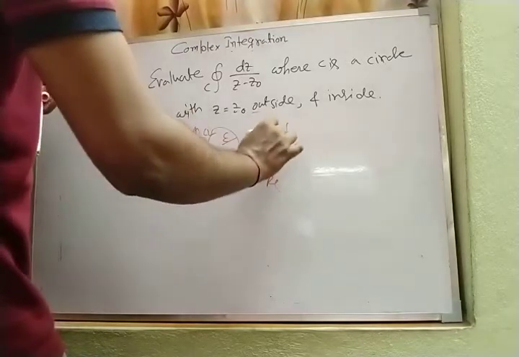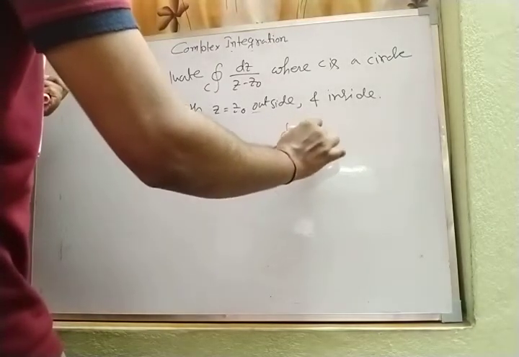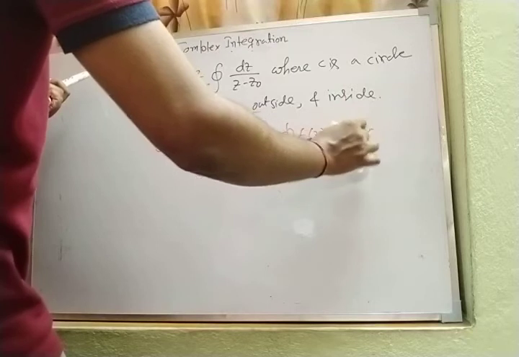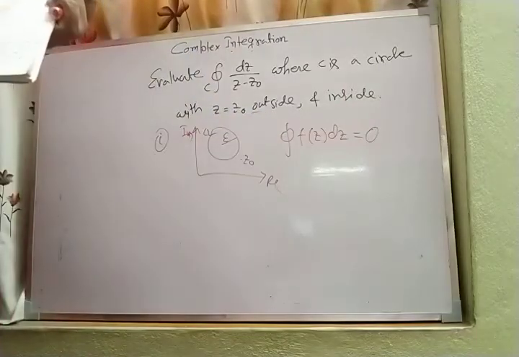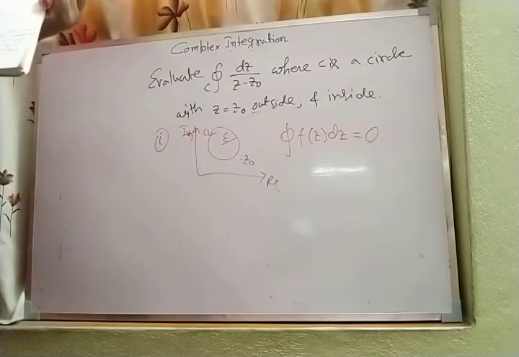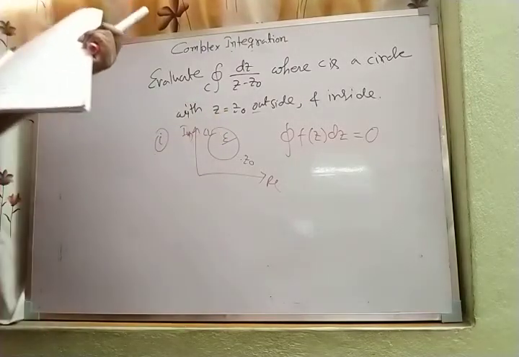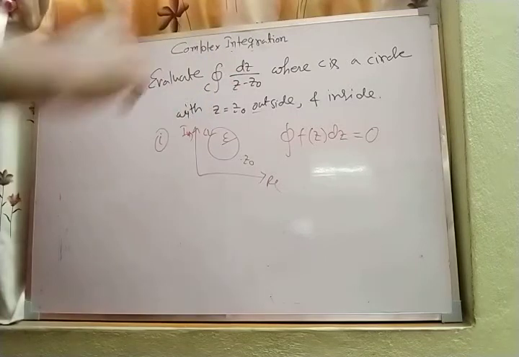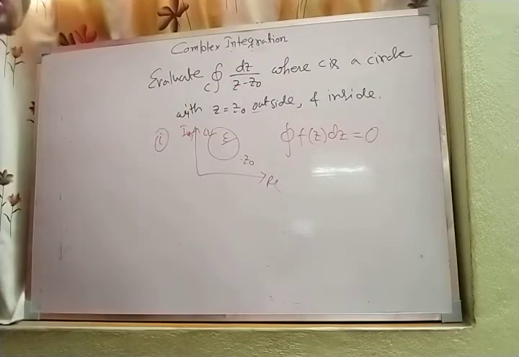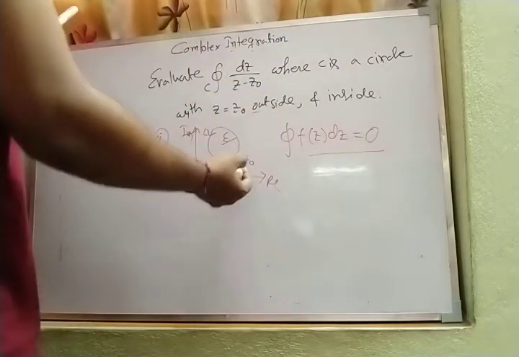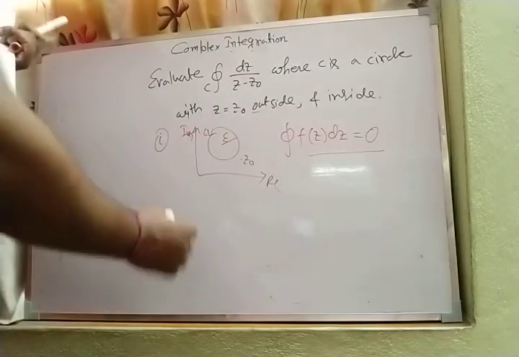So from Cauchy's integral theorem, the integral of f of z dz is equal to 0. Inside the region, if the function is analytic, then it gives 0 from Cauchy's integral theorem. Okay, we have found it out. So it is 0 when the point z0 is outside.